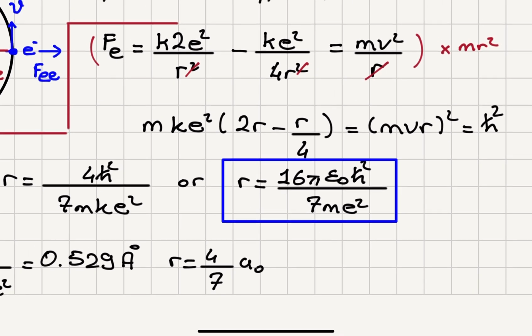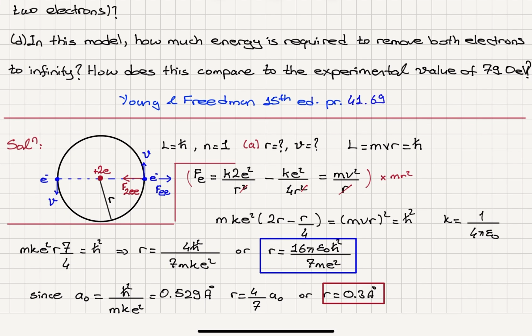Therefore, I can find the radius of this orbit to be 0.3 angstroms. That was the answer to the first question in part A.